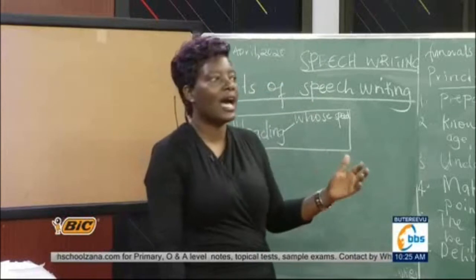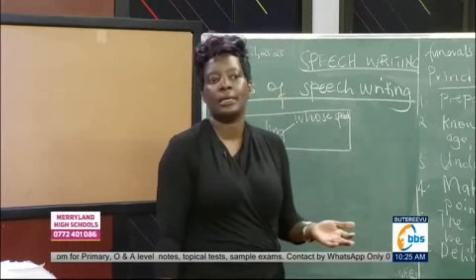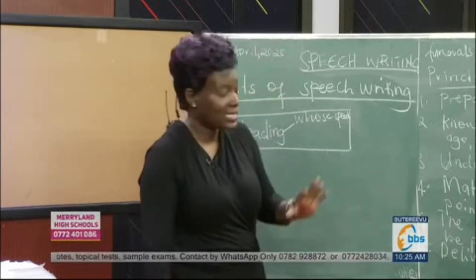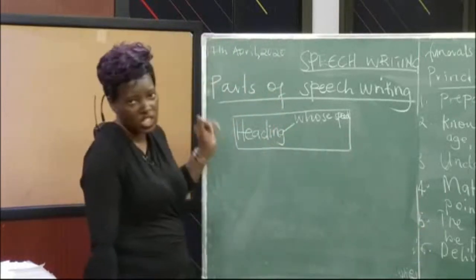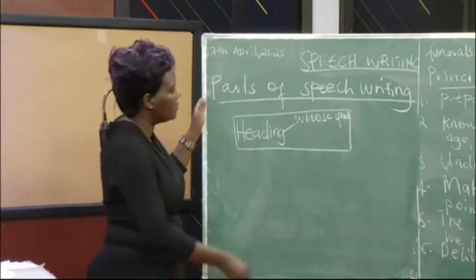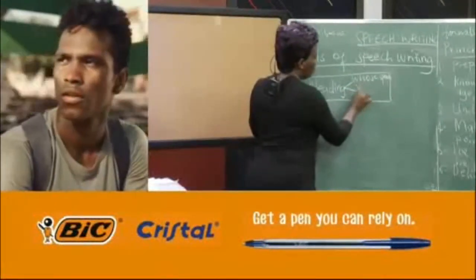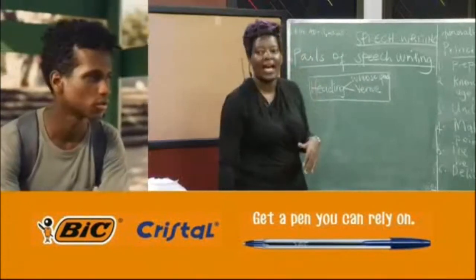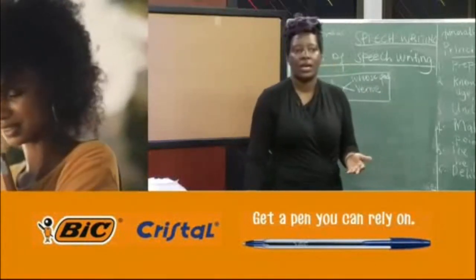Assuming you're the class monitor of senior 3B. Assuming you are the member of parliament of your area. Something like that. So whose speech is that? Or whose speech are you writing? Then we're going to look at the venue. In other words, where is this speech delivered?